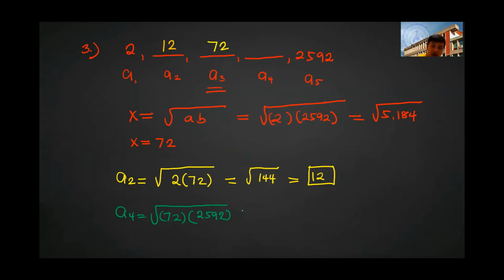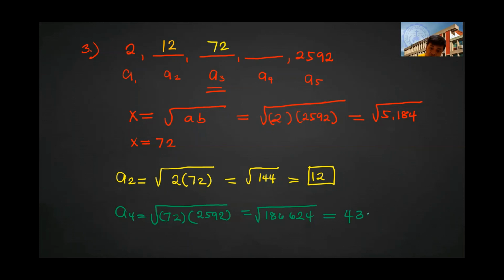Multiplying 72 and 2,592, we can always use our calculator. 72 times 2,592 gives us 186,624. Then we take the square root of that, which gives us 432.